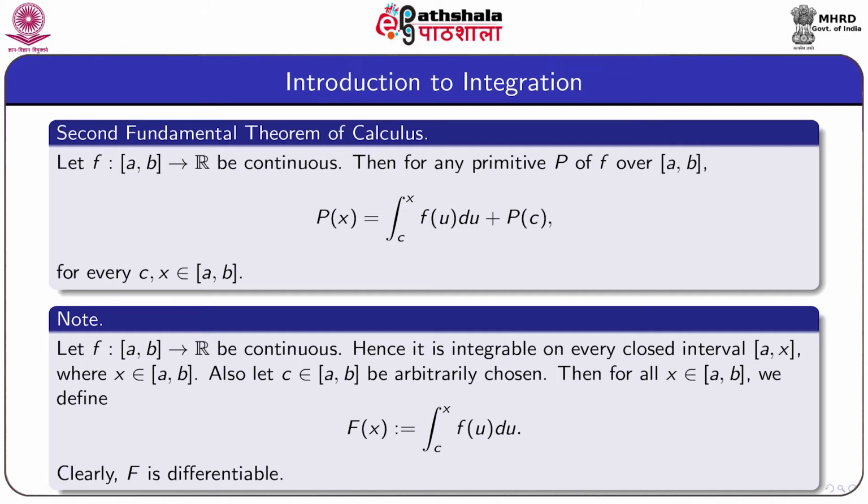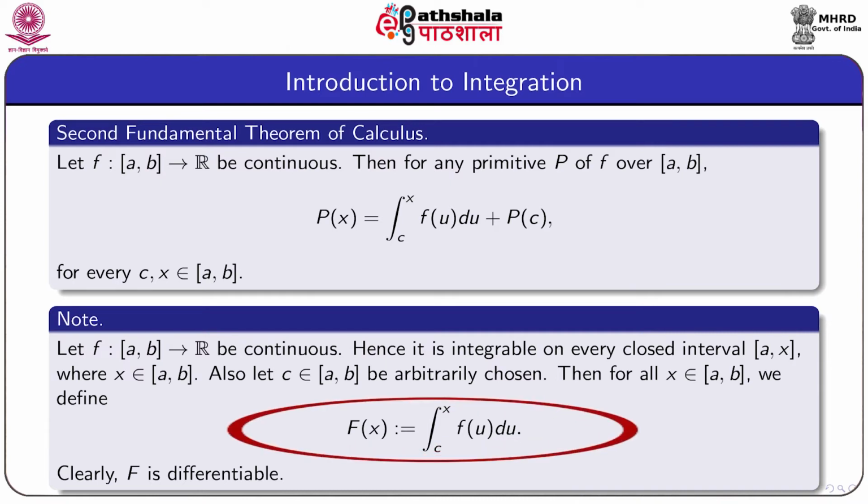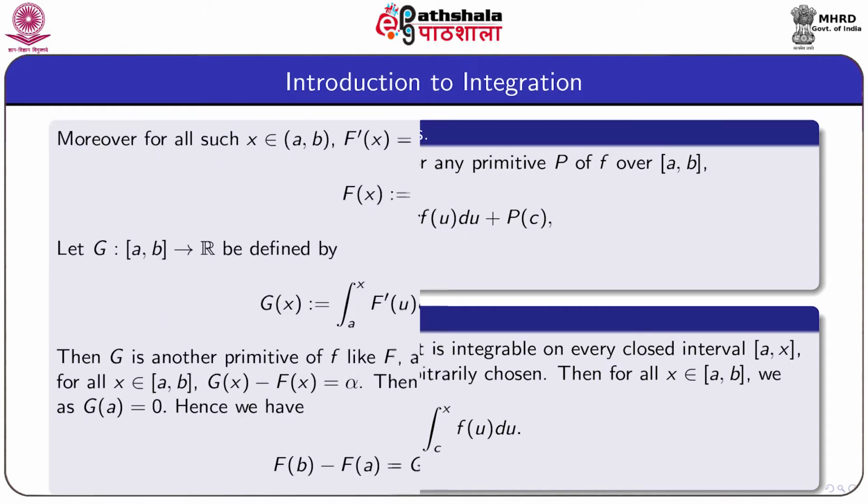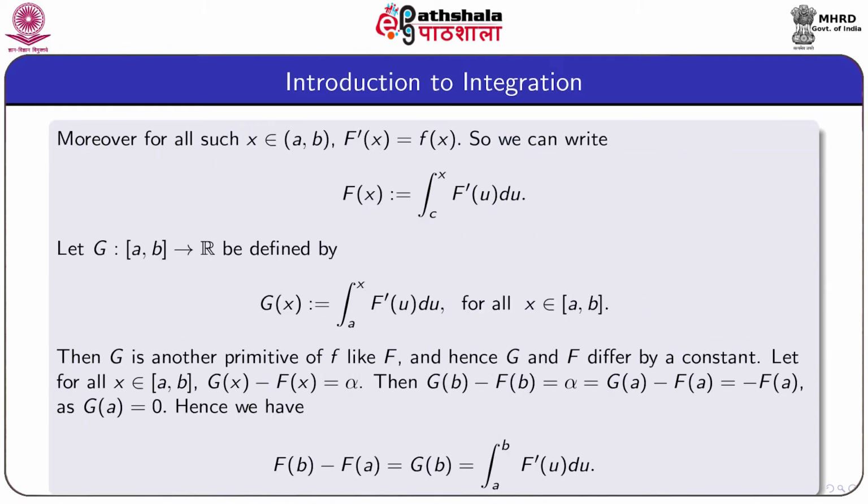Then, for every x from the bounded closed interval AB, we define capital F(x) equals integral c to x f(u) du. Clearly, F is differentiable. Moreover, for every such x from the open interval AB, capital F dash x equals f(x).